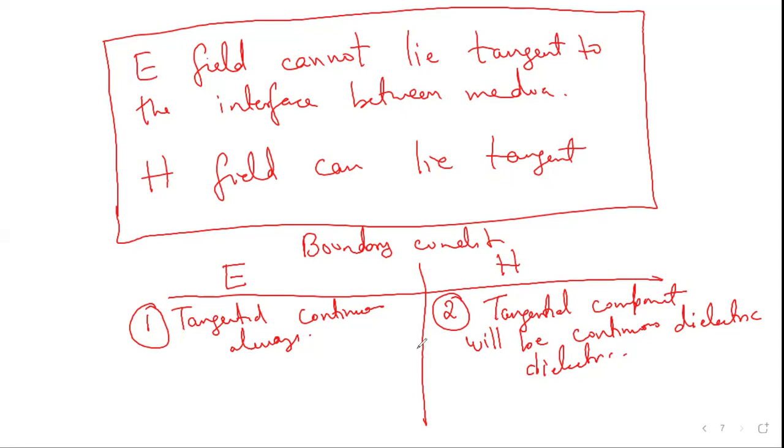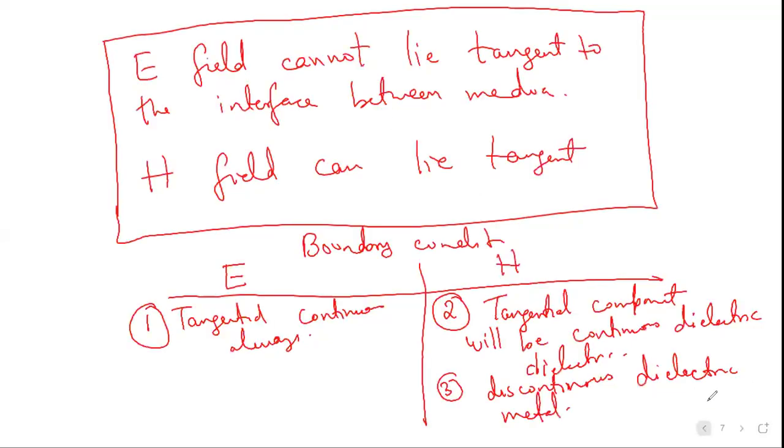Is that clear? Here, discontinuous. When will it be discontinuous? When you have a dielectric-metal interface. By discontinuous, you mean there will be a value to it, not zero, but some quantity.